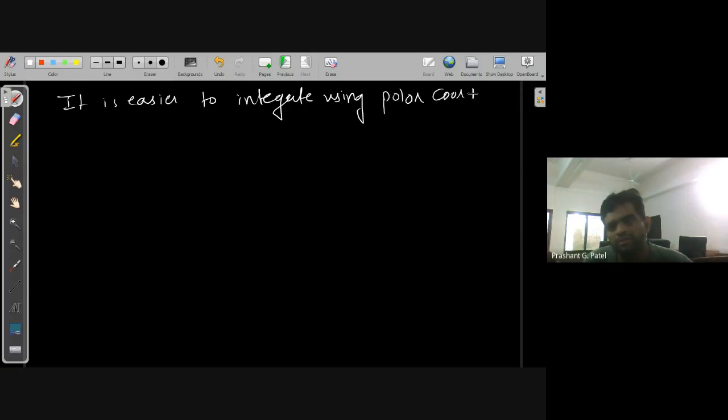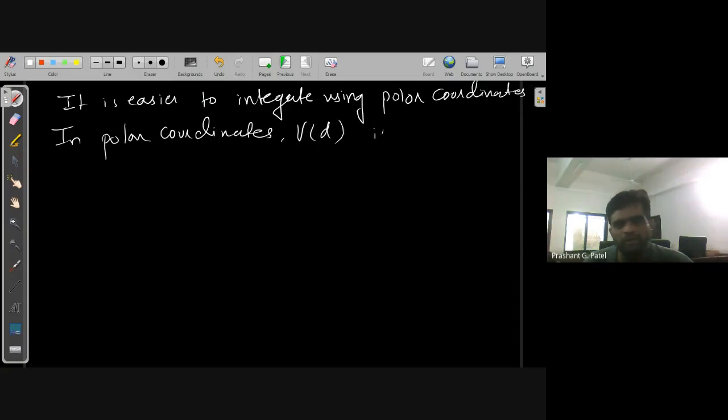We have also investigated using polar coordinates, and it is easier to calculate that way. In polar coordinates, Vd is the volume of the d-dimensional unit ball.